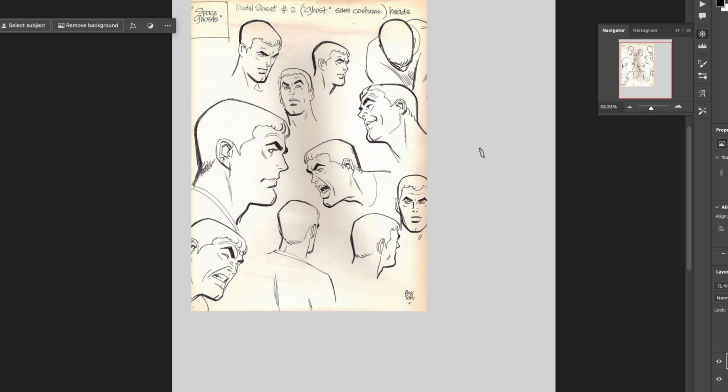He did so much of the work at Hanna-Barbera in the 70s, and he designed the Super Friends cartoon, probably the most popular Justice League one actually. Anyway, okay, so you have a guy here with short hair.